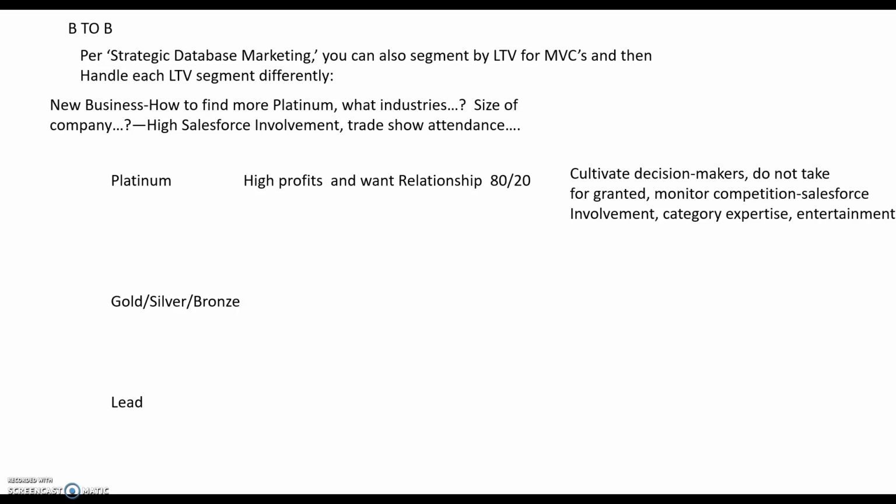Monitor your competitors. Your sales force is involved. You have salespeople on these accounts making sure they're served correctly. And by the way, you're probably hiring salespeople who have worked in the same category of business as these MVCs, these platinum clients.